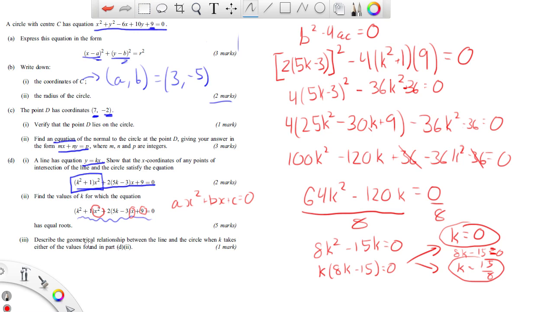The last part here asks us to describe the geometric relationship between the line and the circle when k takes either of these values. So when k takes either of these values, what's going to happen to the circle? If you plug k back in, it's going to have equal roots.